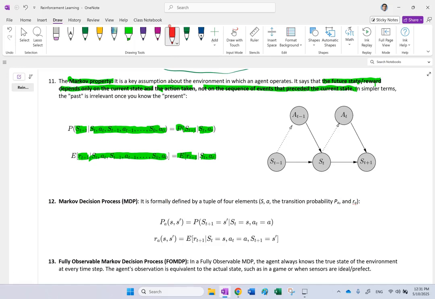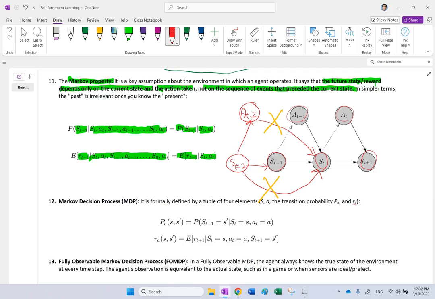In a pictorial format, if I'm in state s_{t-1} and I take action a_{t-1}, I will end up at s_t. If at s_t I take action a_t, I end up in s_{t+1}. These previous ones, so if this one was s_{t-2} and this was a_{t-2}, these will have no effect on this current thing. This one and this one, they are not connected. Okay, I don't have these.